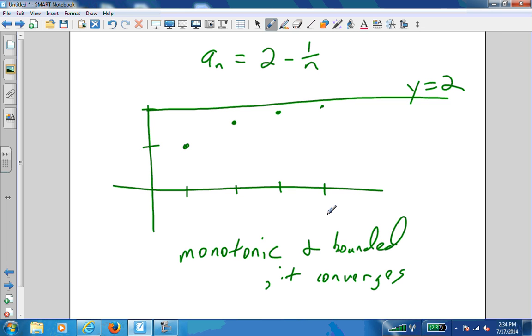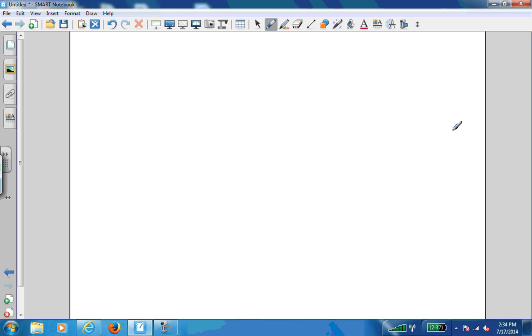So let's see if there's another theorem that might come in useful on some problems. Let's say we have some function that bounces back and forth. Sometimes it's positive, sometimes it's negative.